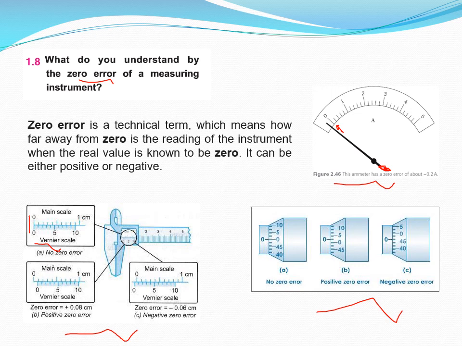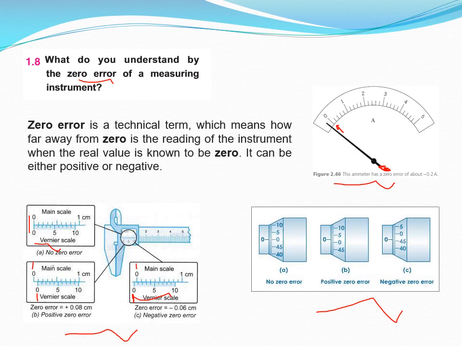And here there is a positive zero error because the zero of the Vernier is towards the right side of the main scale, and here the zero error is negative because this zero of the Vernier is on the left side of the zero of the main scale.